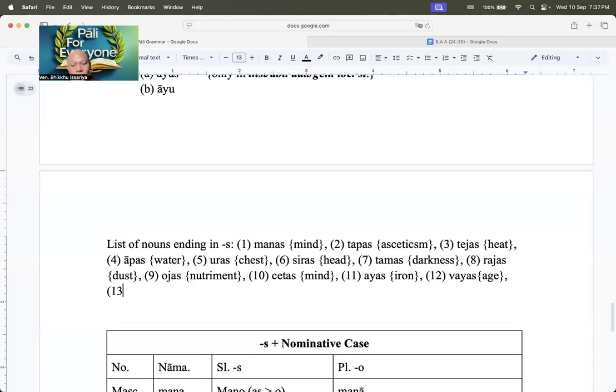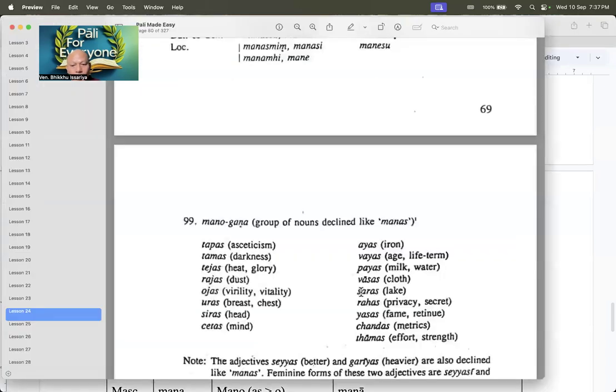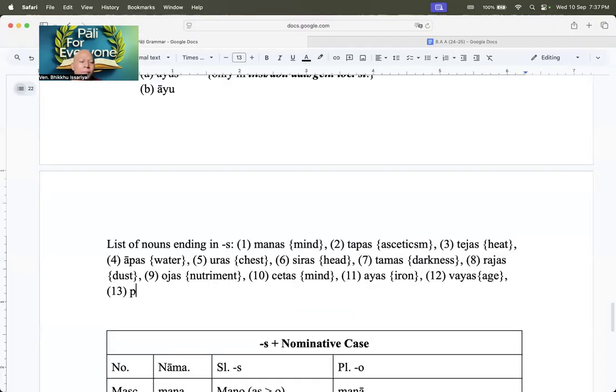And the next word, number 13, payas. Payas, commonly milk, but sometimes water also. Payas, milk, water.